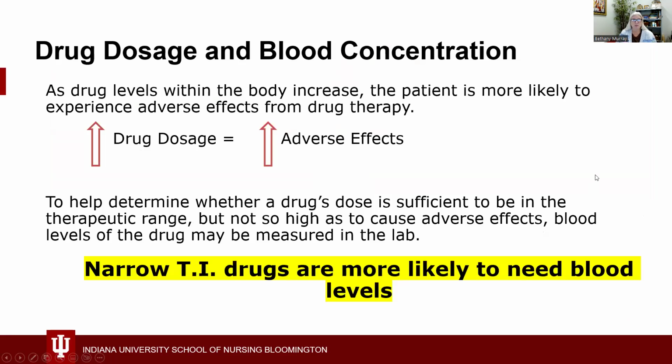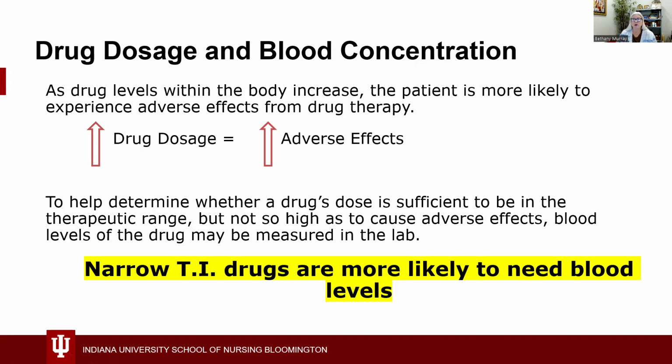Okay, drug dosage and blood concentration. As a medication drug level increases in the body, there is a positive correlation with side effects or adverse effects. So the more peak concentration you have, the more likely you will have side effects to a medication.